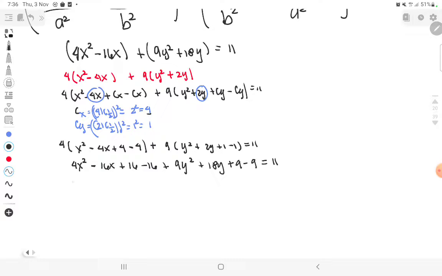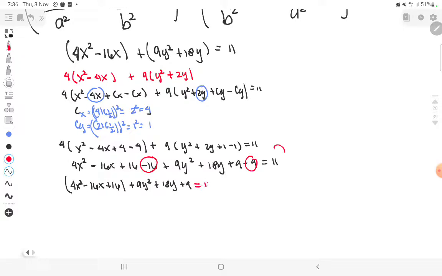Now I will regroup my terms: 4x squared minus 16x plus 16, plus 9y squared plus 18y plus 9, and I will transpose my negative 16 and negative 9 to this side.